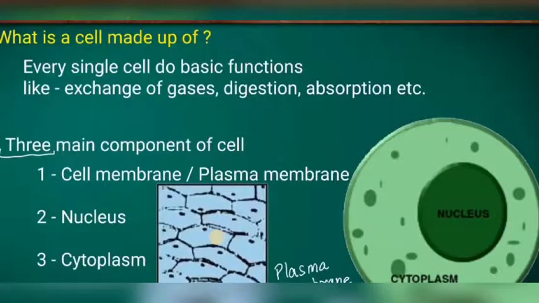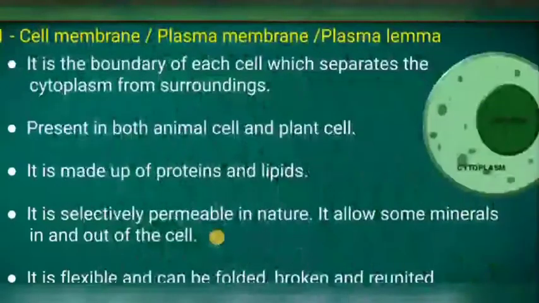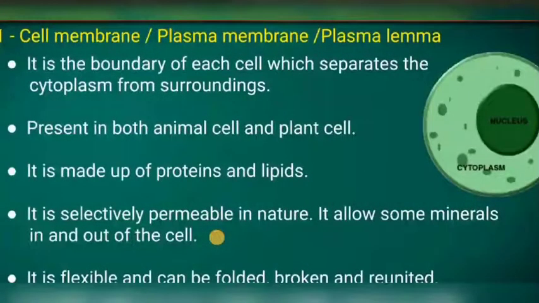Now let's study in detail the first main component, the cell membrane, or you can say the plasma membrane. It is also known as the plasma lemma. If I write a short note on the plasma lemma, then you also have to write down the cell membrane only.